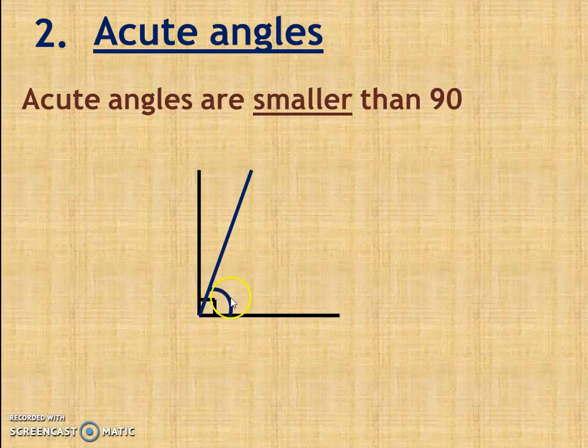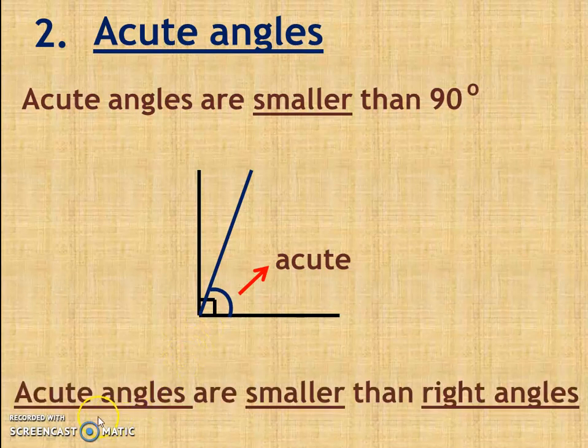So this angle is called an acute angle. Oops, sorry, I forgot to draw a small circle here just now. So this angle is smaller than 90 degrees and it's called an acute angle.